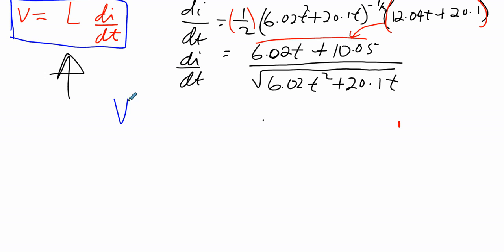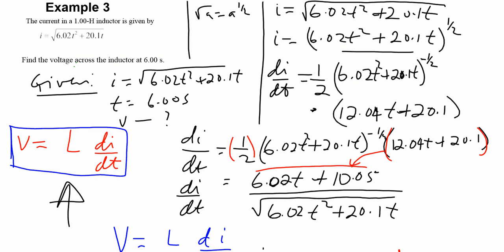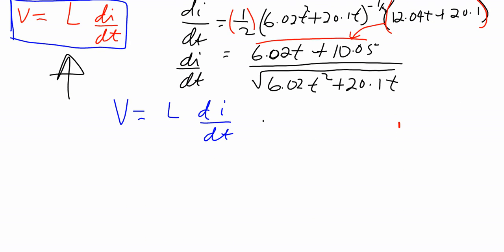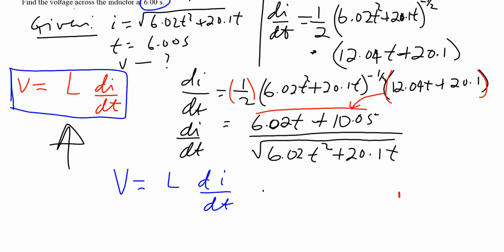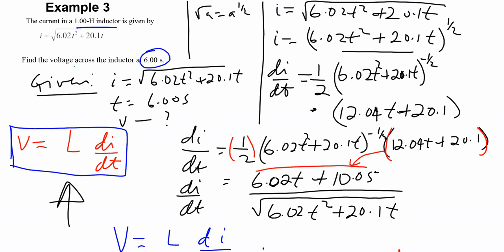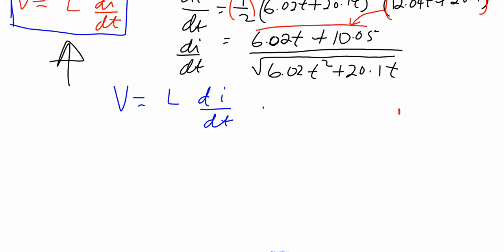So we say voltage equals L di dt, and our L is 1 Henry, and the time is 6.00 seconds. So just substitute there.